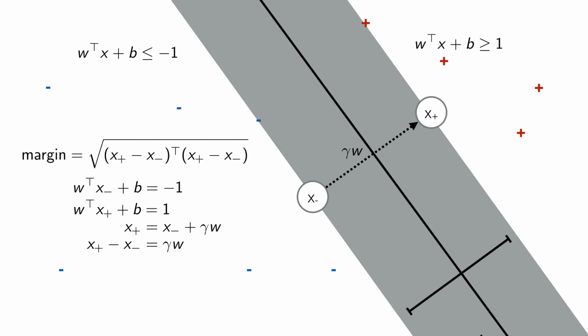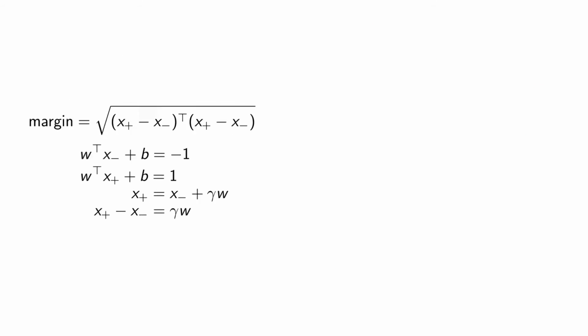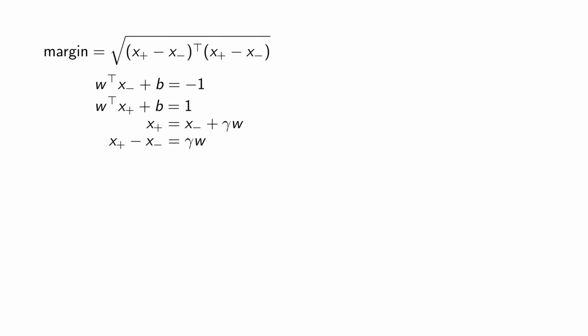So now we have a bunch of equations that we have reason to be true, and we can do some manipulation of these equations now to try to figure out what we know about the margin. So the first thing we want to do is look at these equations and see if there's any ideas that we can combine together.